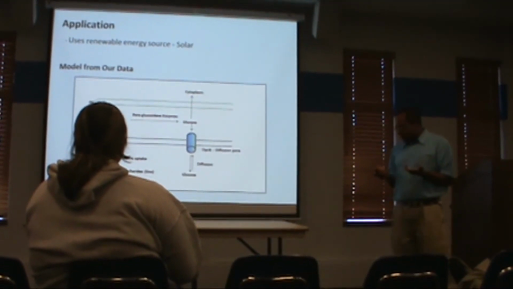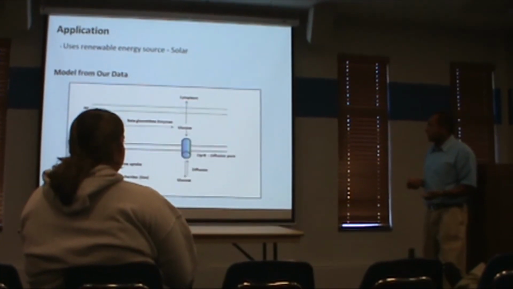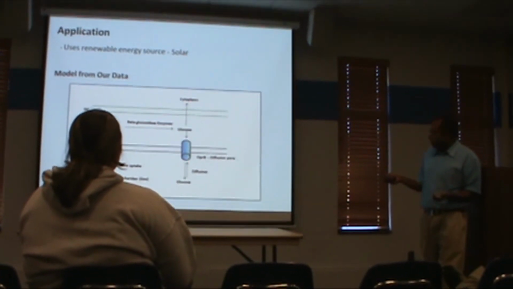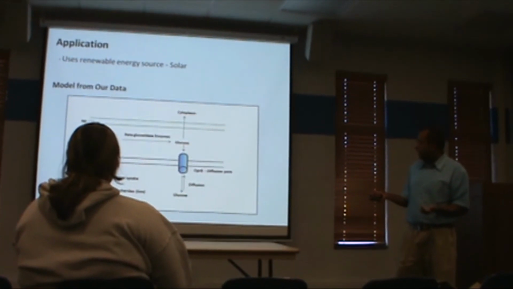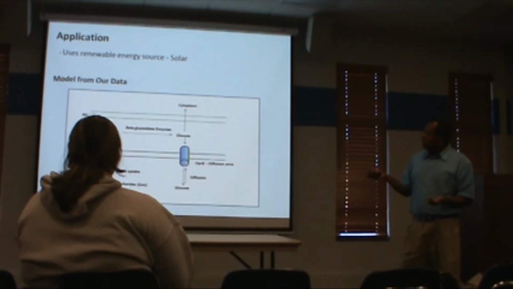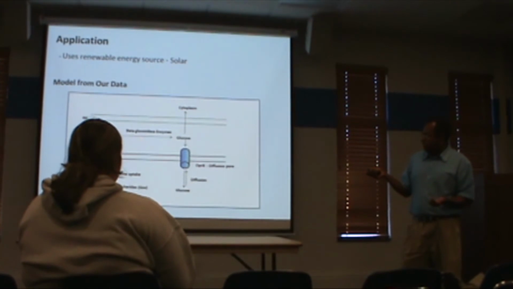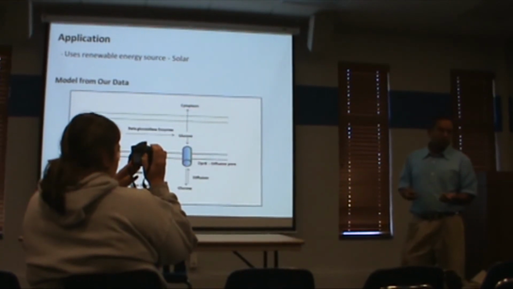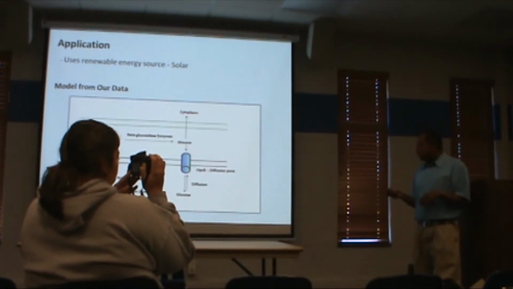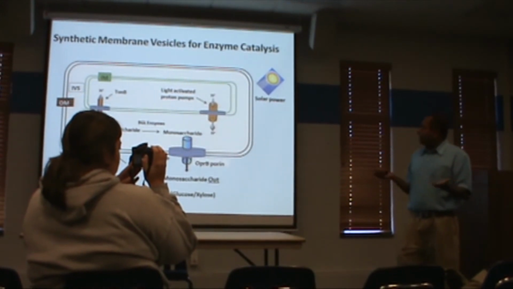So what do we want to do if we ever succeed? If you look at our model that we talked about earlier, you can take the gluco-oligosaccharide into the intermembrane space, and you are breaking it into glucose. We can apply the same principle to generate renewable fuel.